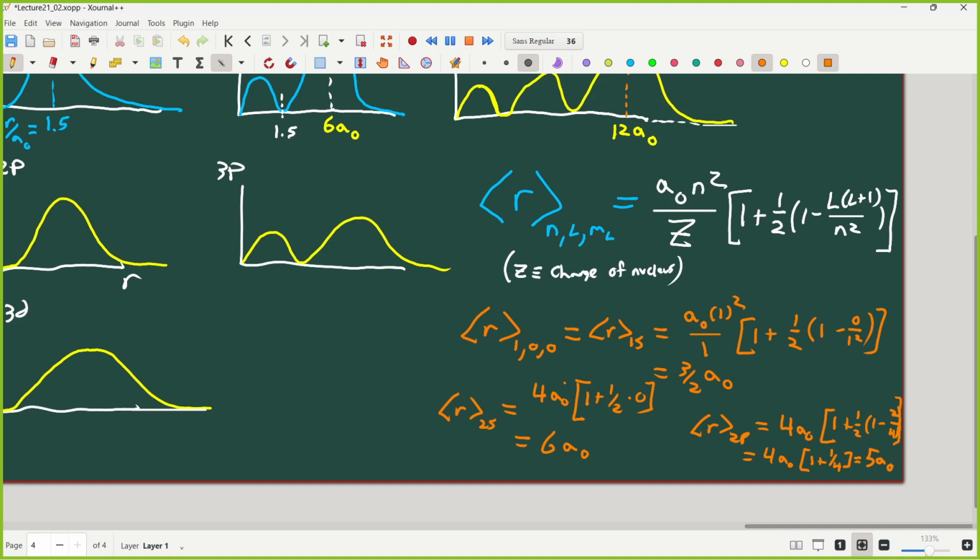Now, one of the interesting things, I just want to give you a little bit of historical context, is that when Bohr first came up with this idea, the idea was that the electrons have stable orbits, just like the planets have around the sun. And you have different quantized orbits that are allowed, these are the n's.